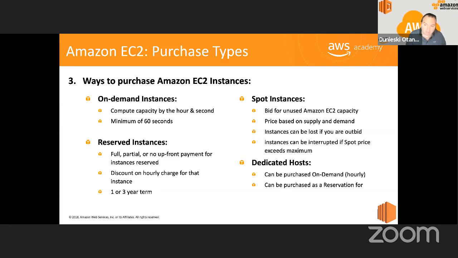When the instance is going to be terminated by AWS, you will receive a 2 minutes notice before it terminates. So you have 2 minutes to move as fast as possible and save all the data you have. I recommend putting some backups in place just in case the bid price increases. If you are outbid, you can lose all your instances, and the instance can be interrupted if the spot price exceeds your maximum. So you have to be careful with that.